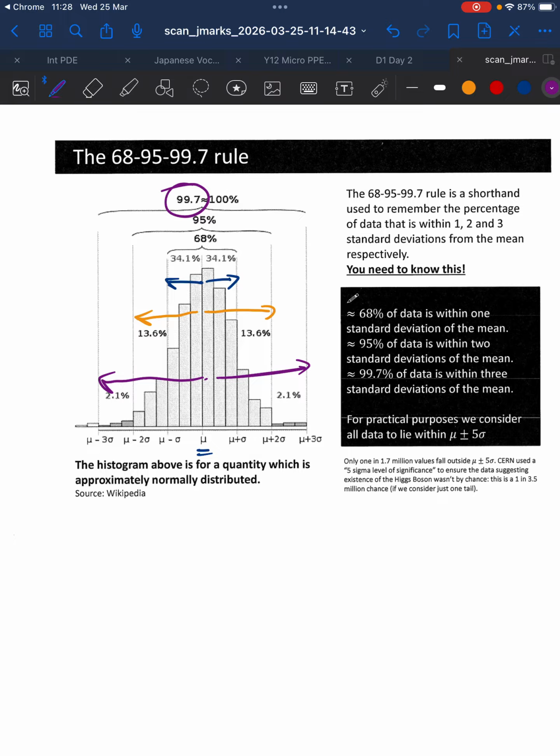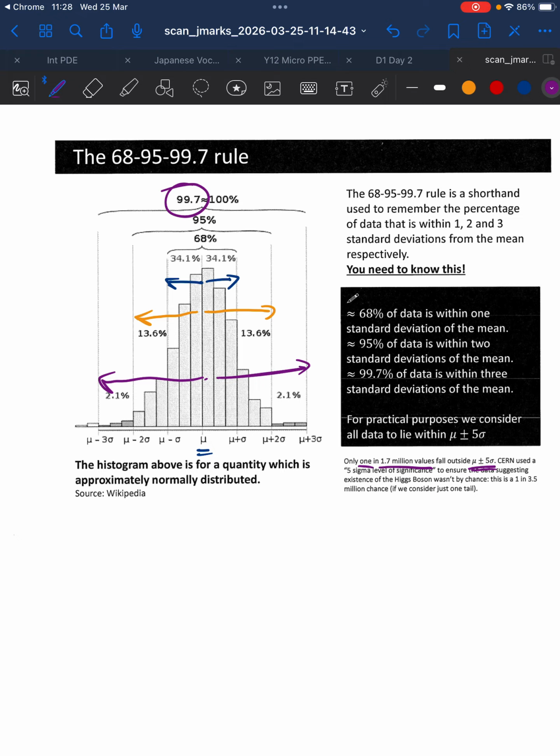And there's this fact here, okay? So if you think about somewhere like CERN, they might look at 5 standard deviations from the mean, but that really is only 1 in every 1.7 million values. So it's exceptionally rare.